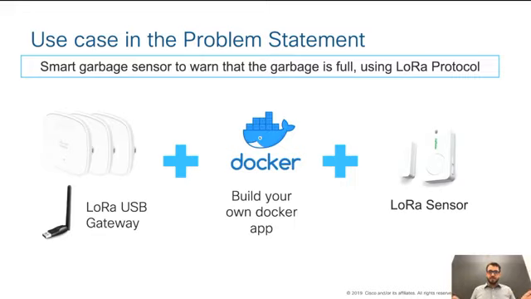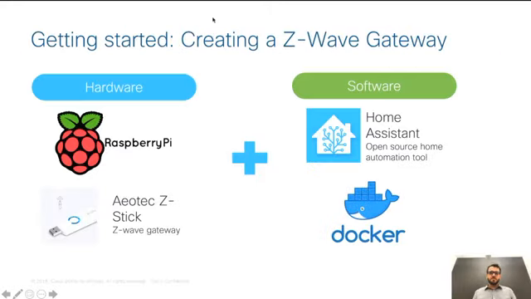In summary, the access point with a LoRa USB gateway and your application is going to give the access point the ability to communicate with this LoRa sensor, and you would be able to resolve this use case. So let's go through an example.